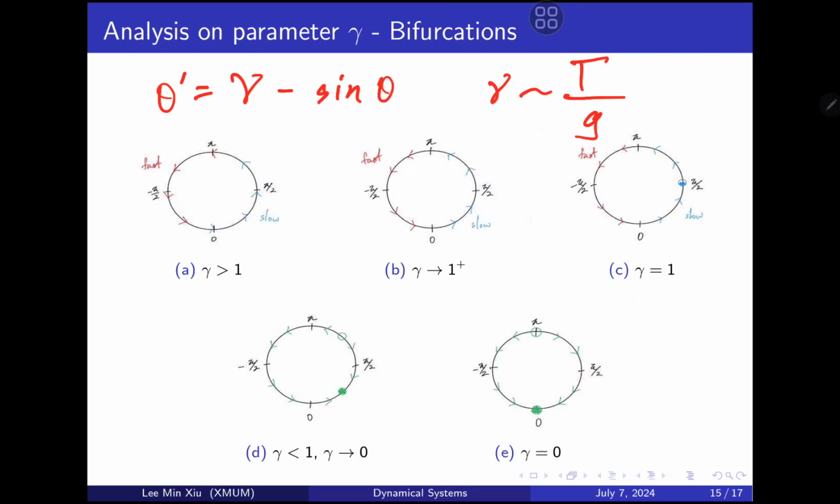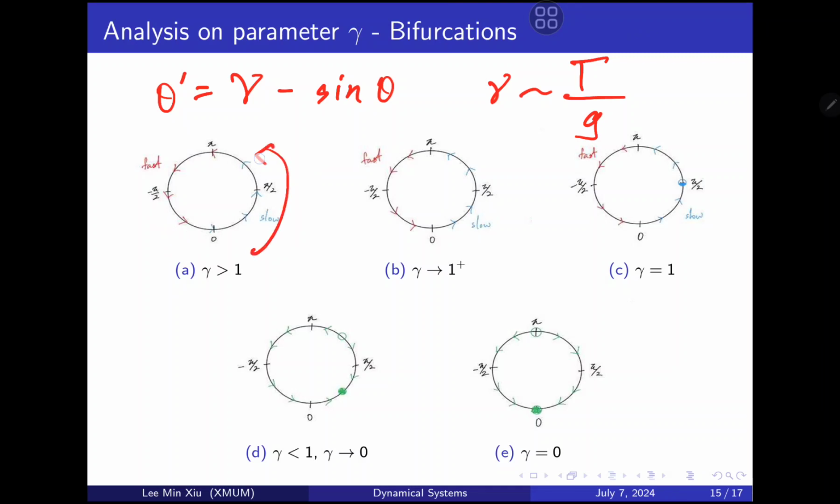So for gamma greater than 1, gamma greater than 1 means the external torque is greater than the gravity, gravity is always smaller than it in fact, and therefore it will just keep spinning counterclockwise.